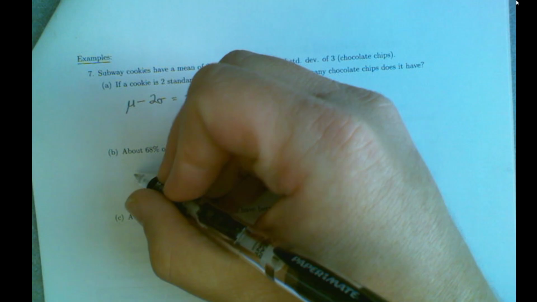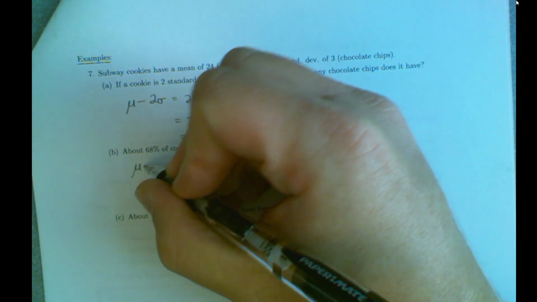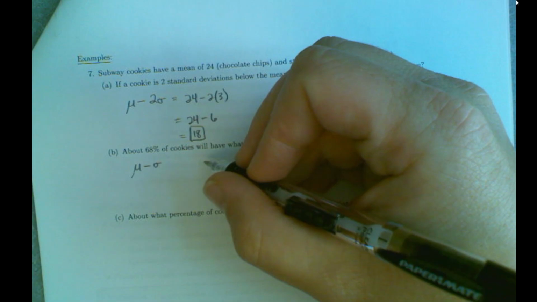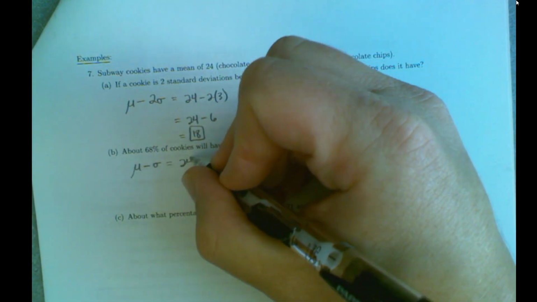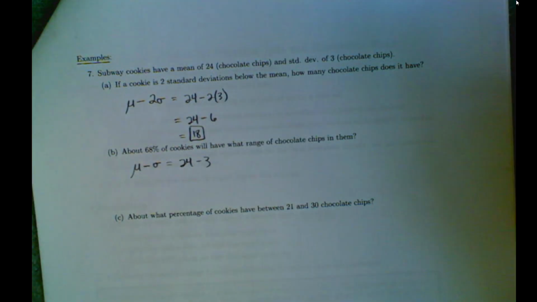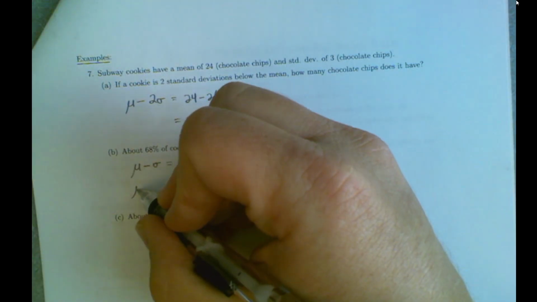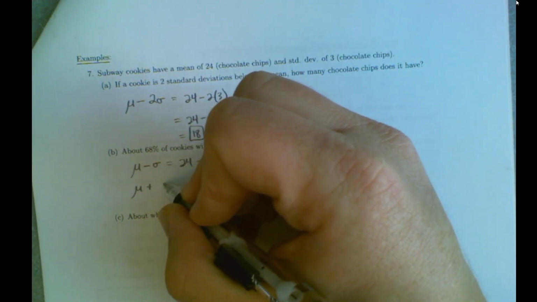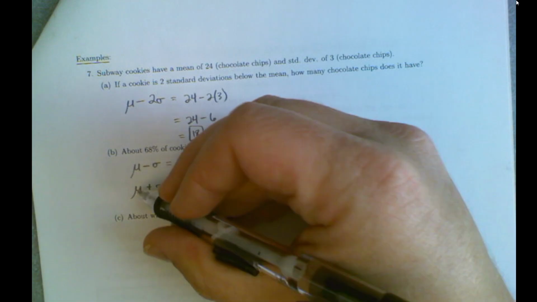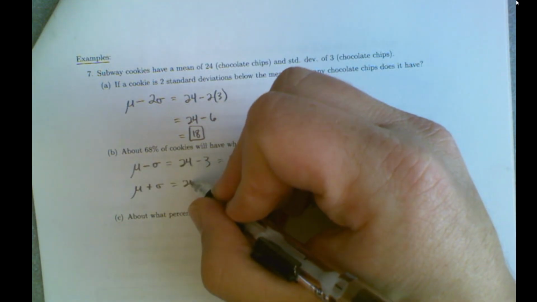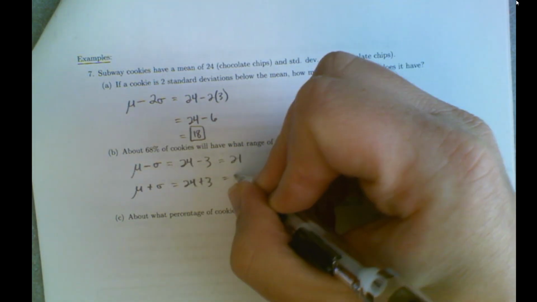Again, you could do this with formulas. You could say 1 standard deviation below the mean is the mean minus a standard deviation. That's 24 minus 3 in this case, which is 21. And 1 standard deviation above the mean would be mu plus sigma, right? The mean plus a standard deviation, that would be 24 plus 3, which is 27.